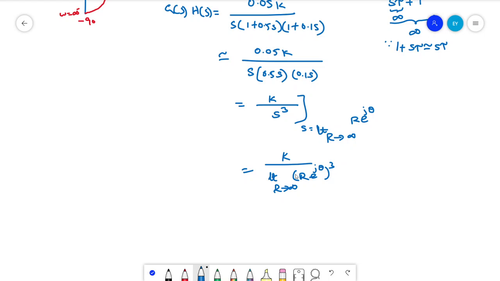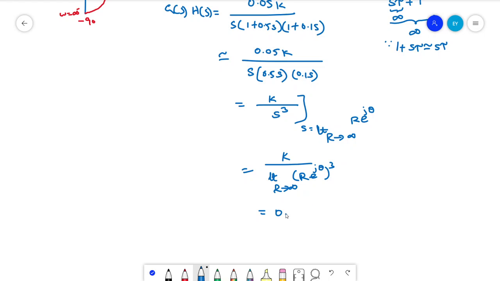Okay, r tending to infinity, if you substitute infinity in the denominator, see this whole function, r will be in the denominator. If any function has infinity in the denominator, how will the function become? The function will become actually 0. So this e power j theta cube, we can send it to the numerator, it will become minus actually, isn't it?